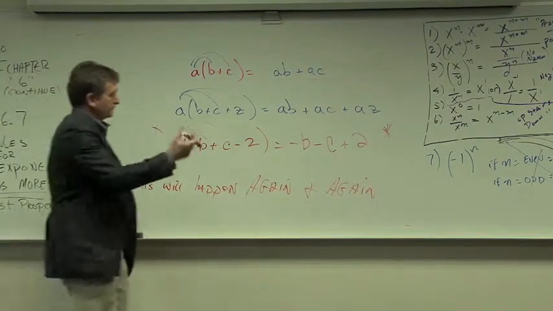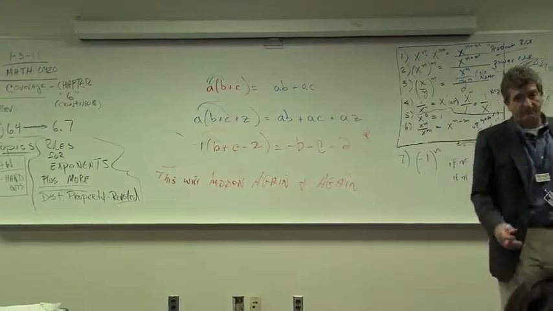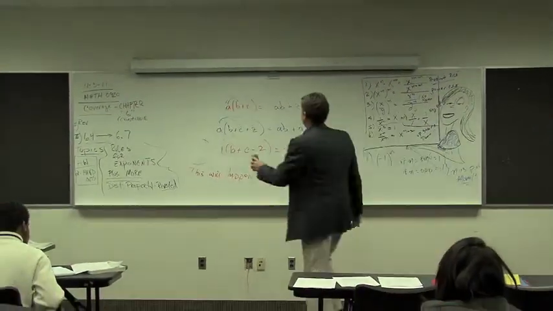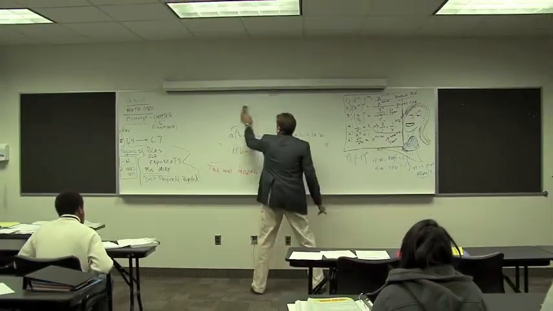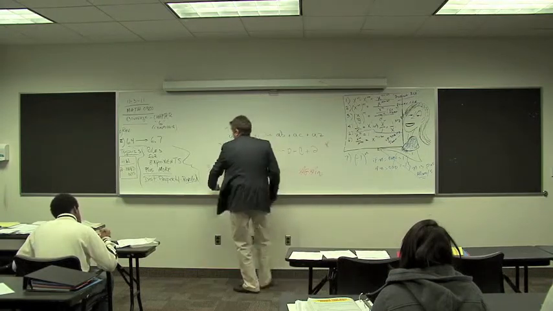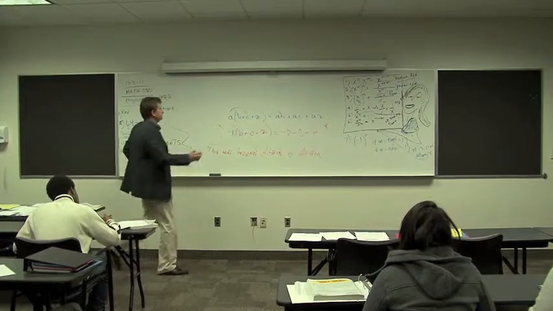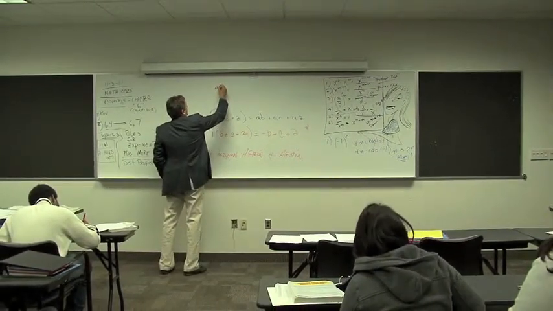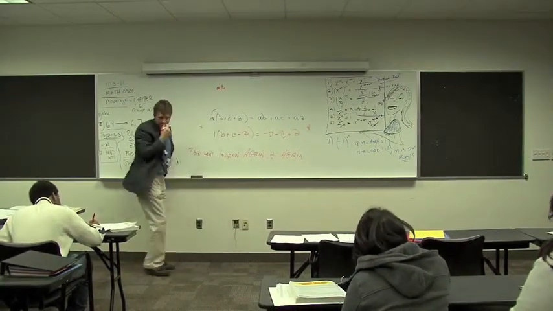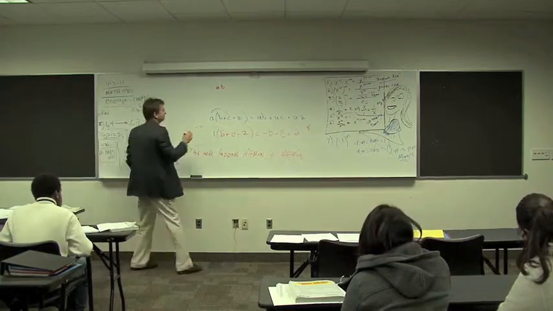Okay. There's another type of distributive property. And this one gets kind of difficult if you don't see what I see. Let me write down an example that they have in the book. Here's another type of distributive property.